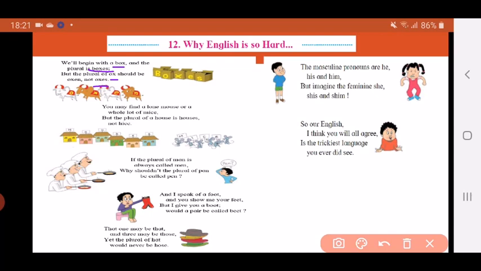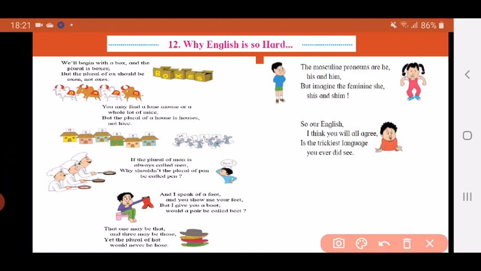But this is not right. In English, the plural of ox is actually oxen. So isn't this a tricky one? The rule has changed. So this is the first stanza.